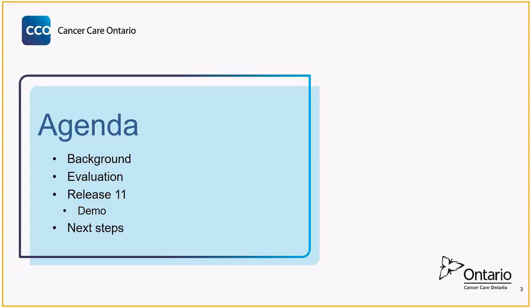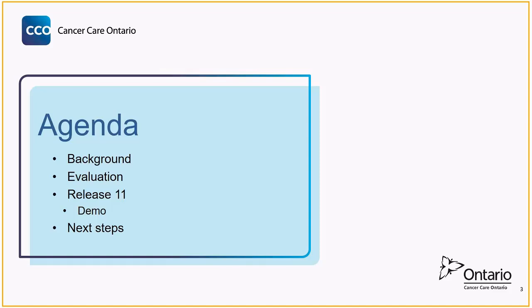Okay, so for those of you following along with the deck, we're on slide 3 that lays out the agenda. So I'll start today by providing a bit of background about the CCO SEER Stat package, and then I'll pass things over to Zainab to talk about the evaluation that was done for release 10. And then I will spend the bulk of the presentation talking about release 11.